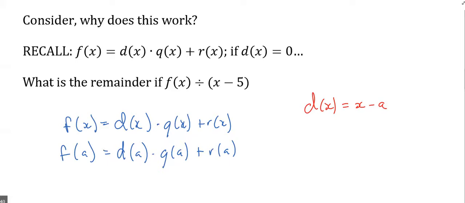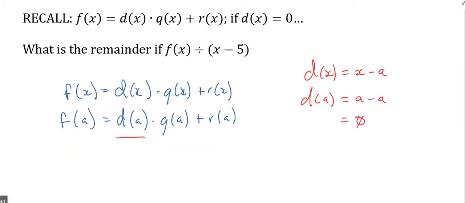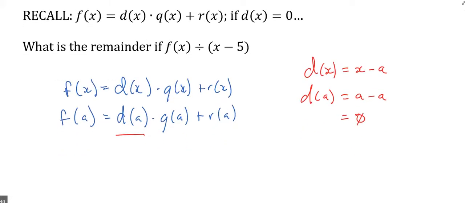Right? So what is d at a? Does anybody know what a minus a is? 0, thank you. Remember, that's how you can think about it: you're flipping the sign so that it works out to 0. So if I come back over here, I don't know what q at a or r at a is. But that term is 0.